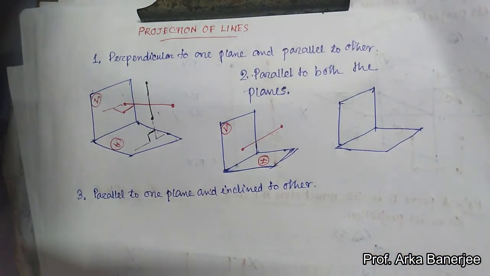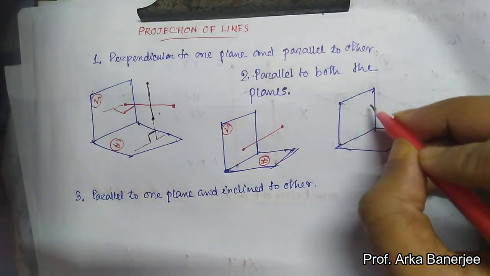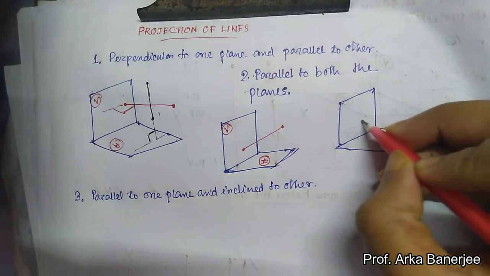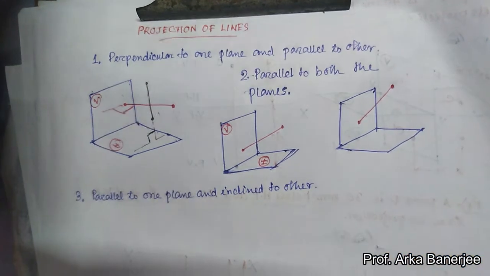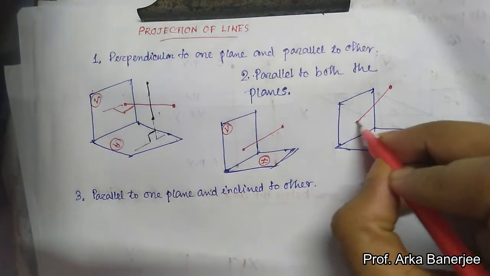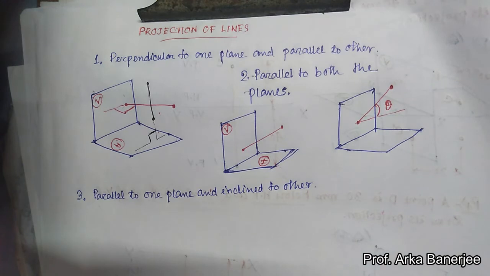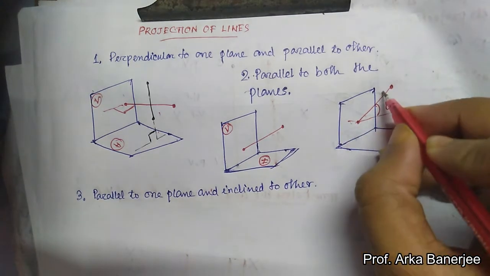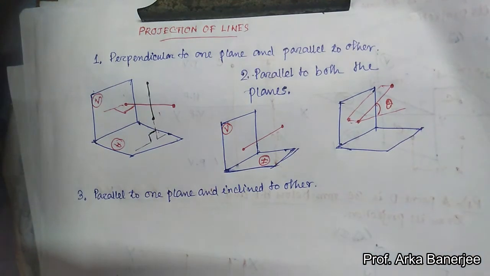Suppose this is parallel with the vertical plane and inclined to the horizontal plane. So its position may be like this. This is the inclination angle theta with the horizontal plane, and it is parallel with the vertical plane.